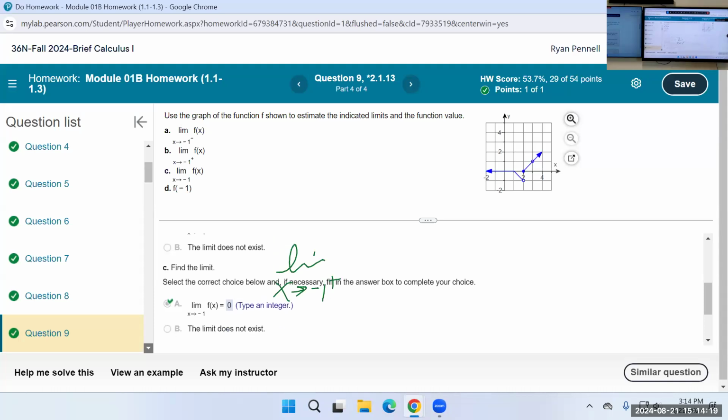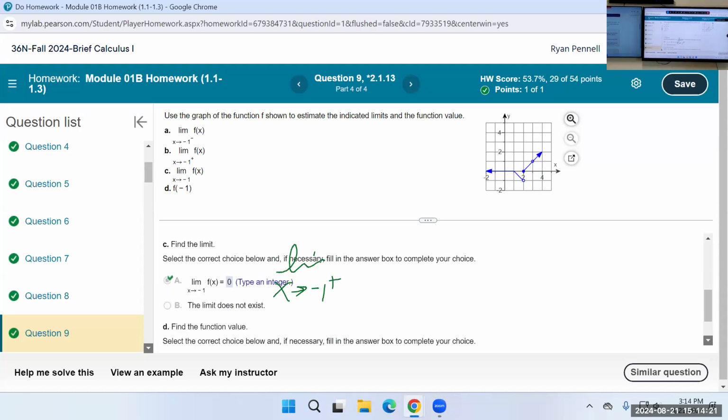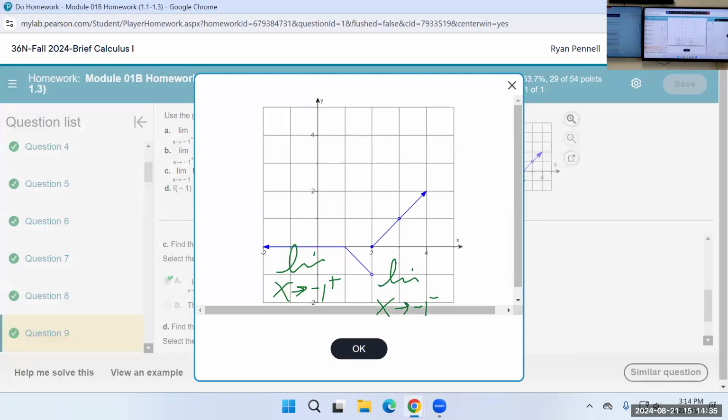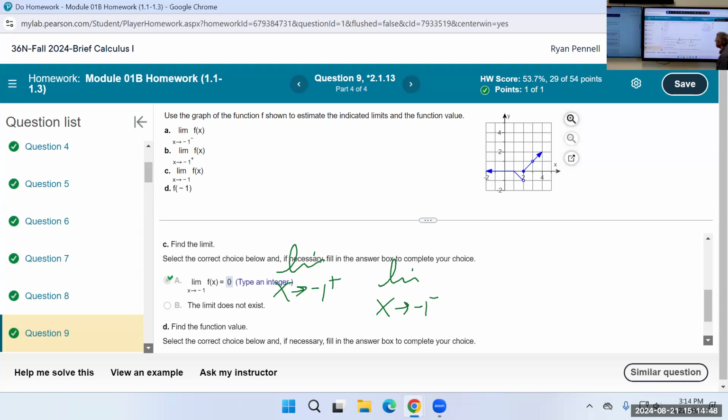And then what is the limit as x approaches -1 from both sides? So do they agree? If they agree, then we can state that the limit exists and give that point. So going to -1 as close as I can, it looks like it'd still be 0, no matter which way I go. So it exists. So that's 0.